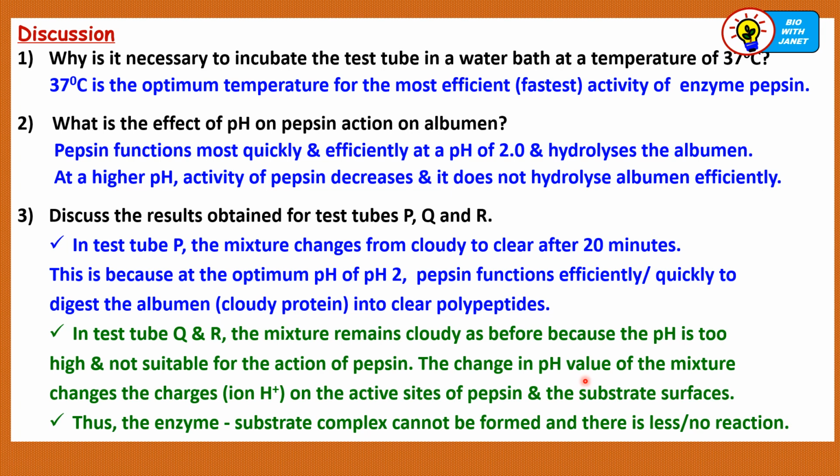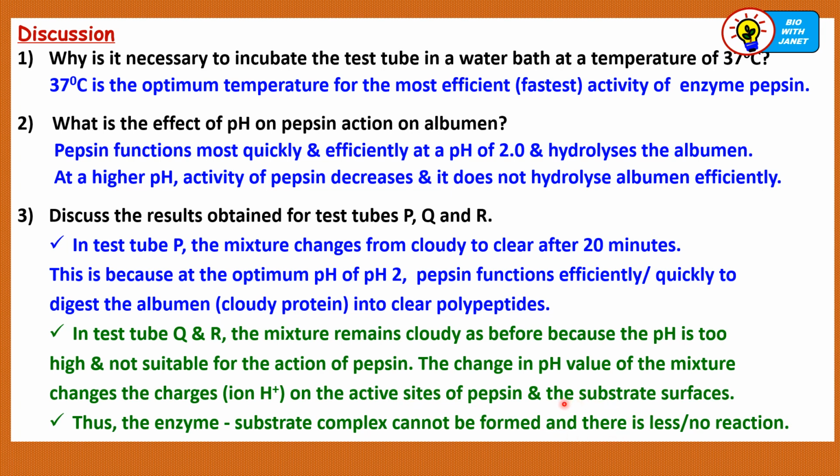Now if you're going to explain more, why is it not suitable in terms of what happens to the enzyme? Actually, the change in pH value of the mixture has already changed the charges, which depend on the presence of hydrogen ions, H positive. So the change in pH value, maybe to pH 7 or 8, has changed the charges on the active sites of pepsin and substrate surfaces.